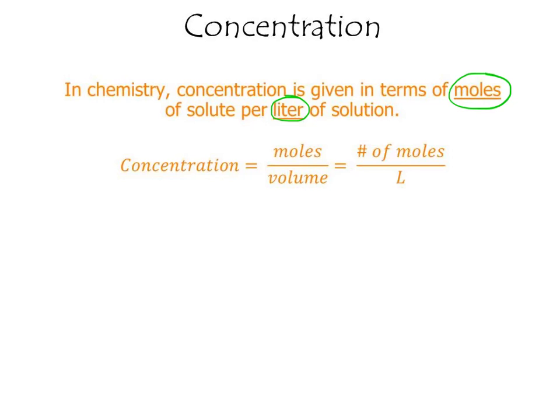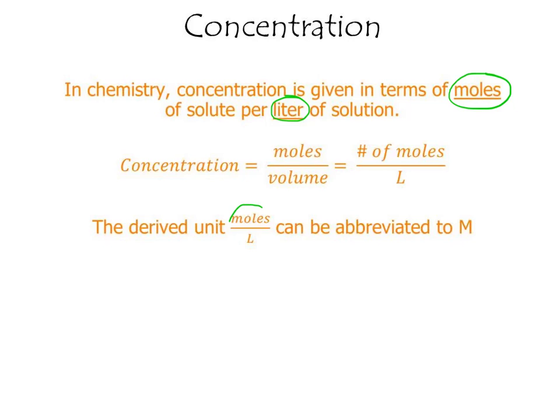It is also important to know that this is going to provide you a derived unit of moles per liter. Now, we can abbreviate moles per liter to capital M. So anytime you have a capital M, you can always change that to moles per liter.